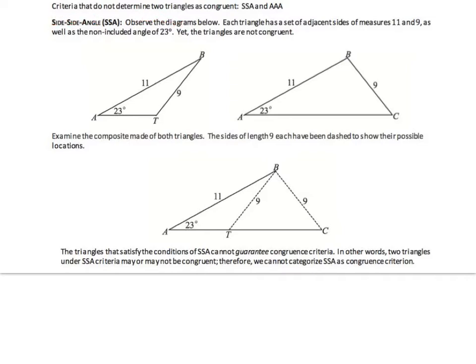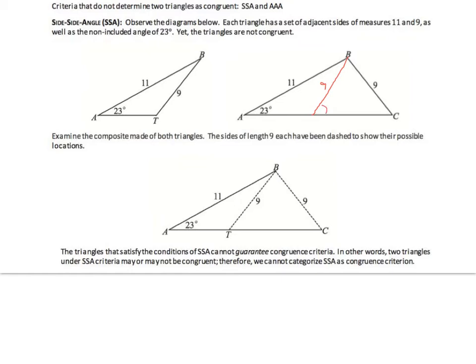Observe the diagram below. This is the exact same diagram we discussed back in lesson 18 maybe. We were trying to construct two triangles that had two sides that were equal and an angle that was equal, but that were not equal at all. In fact, one of our students was able to draw an awesome picture using a circle and an isosceles triangle that has a measure of 9 also.